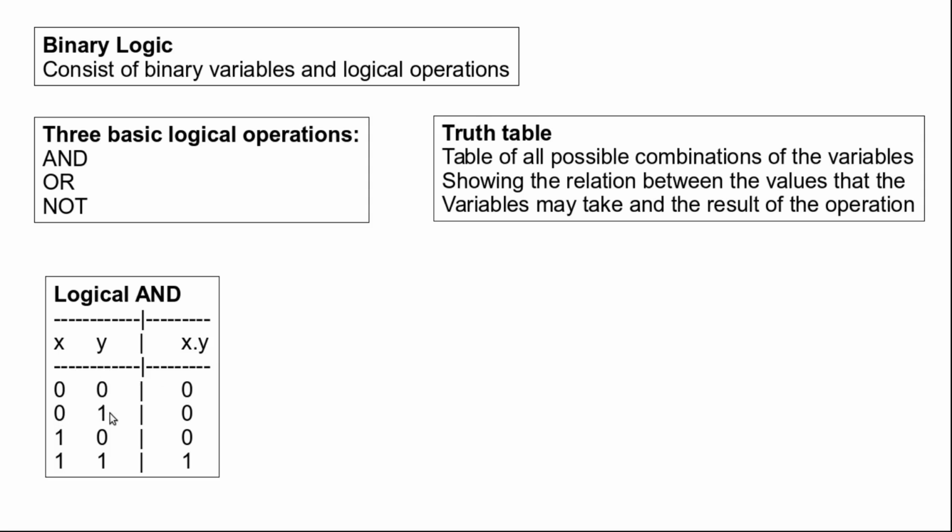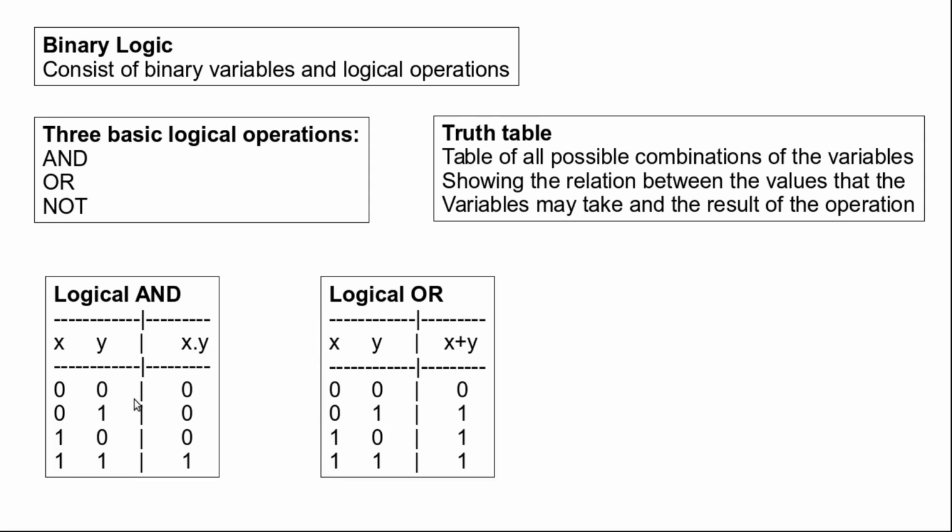If x is 0, y is 1, x and y will be 0. If x is 1, y is 0, then also x and y will be 0. x and y will be 1 only when both the input variables are 1. So this is how logical AND is defined.